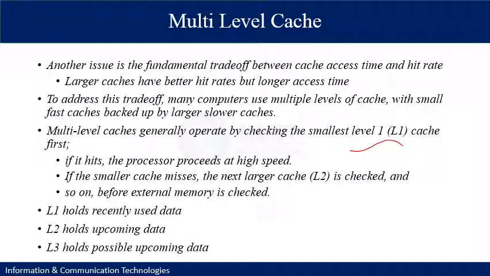You usually have three levels of cache in current CPUs. Level 1 holds the recently used data, level 2 holds the upcoming data, and level 3 holds the possible upcoming data. As the level increases, the size of the cache memory increases, but the access speed decreases.